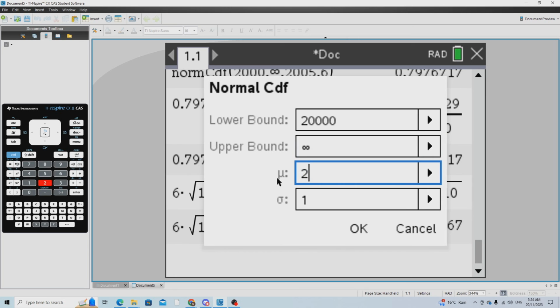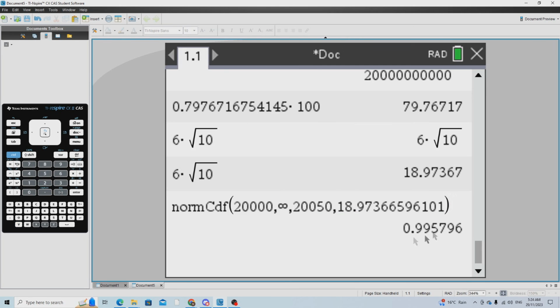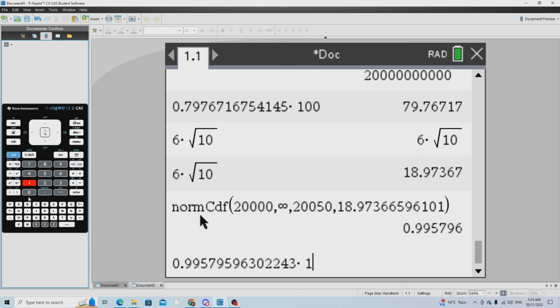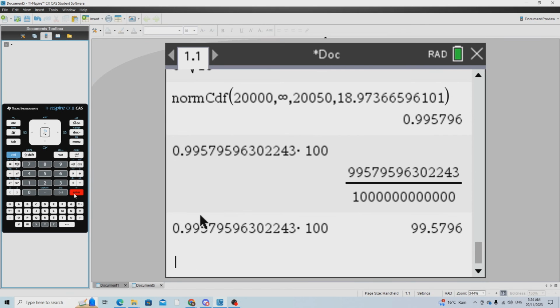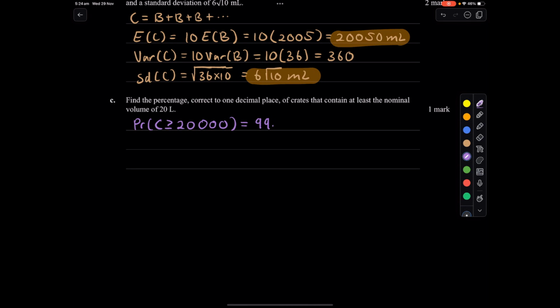Your mean is 20,050, and this is the standard deviation. Okay, and we get this. In terms of percentage, remember, we want it in percentage, and that gives us this, and we want it correct to 1 decimal place. So 99.6%. That's that.